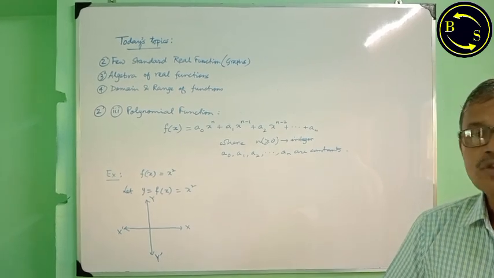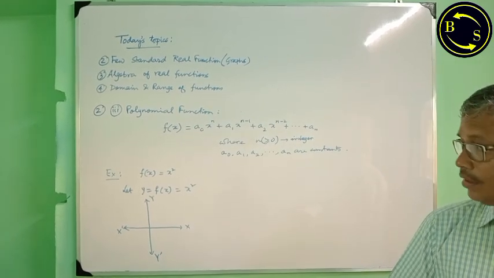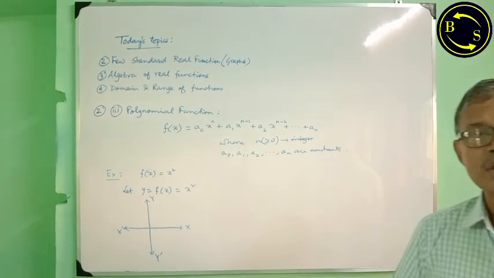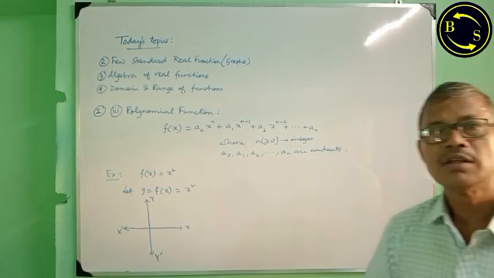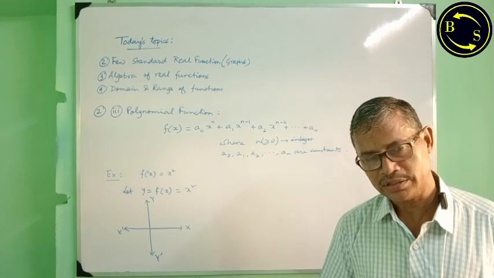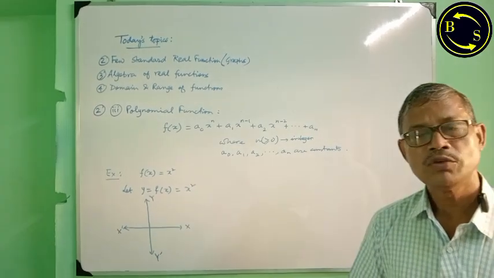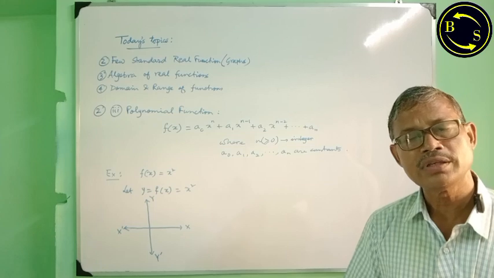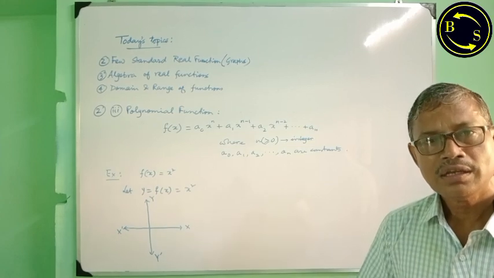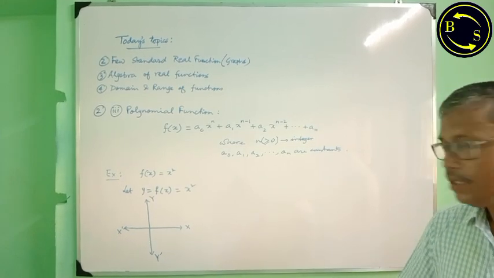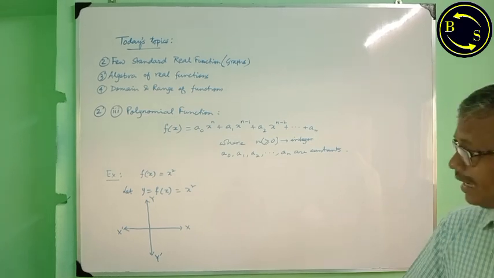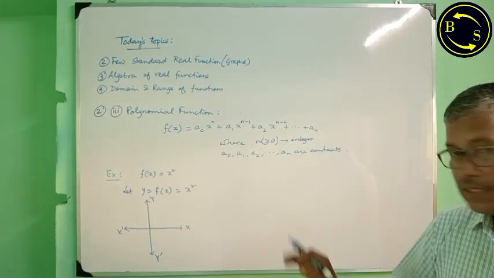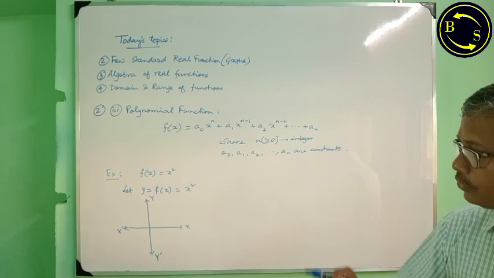Then we plot those values on the graph sheet, taking 2 mutually perpendicular lines. The horizontal one is called the x-axis and the vertical one is called the y-axis. We plot these points with respect to a scale. Then we join those points to get the graph. Here we need at least 9 points. We take a few here and show the nature of the graph.